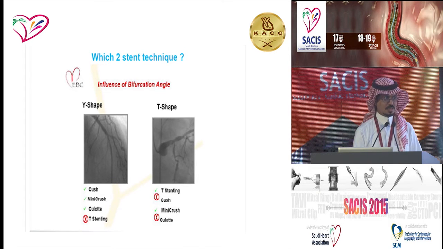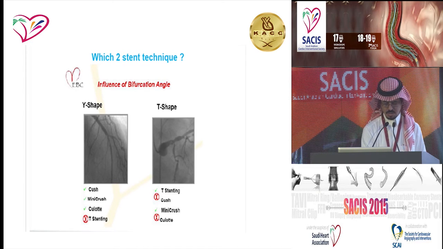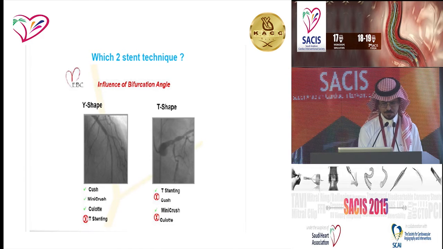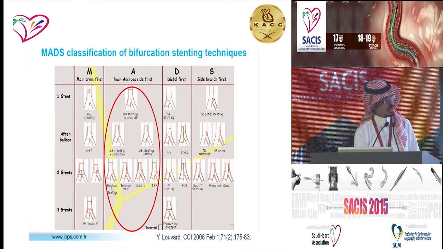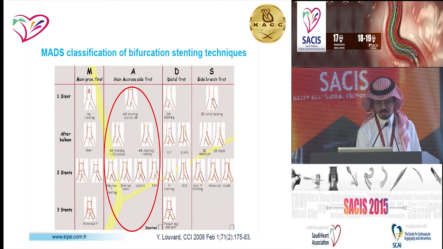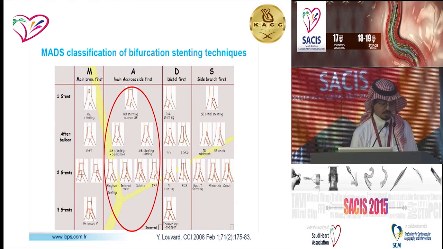Recently we are doing the TAP technique, which is almost equal or sometimes easier. And if you can see here, I think that was my approach in this area. Okay, that's it for now. Thank you.